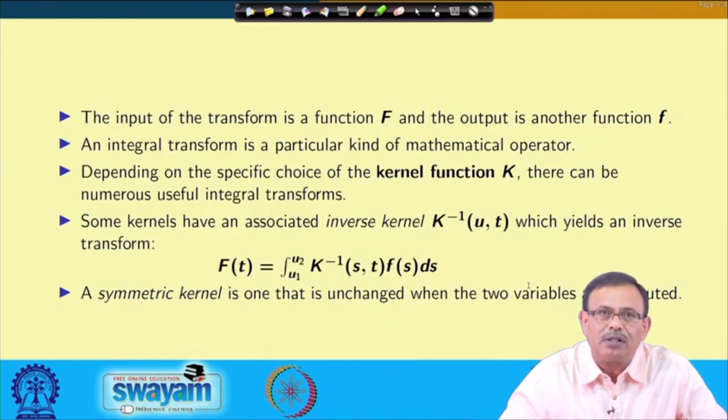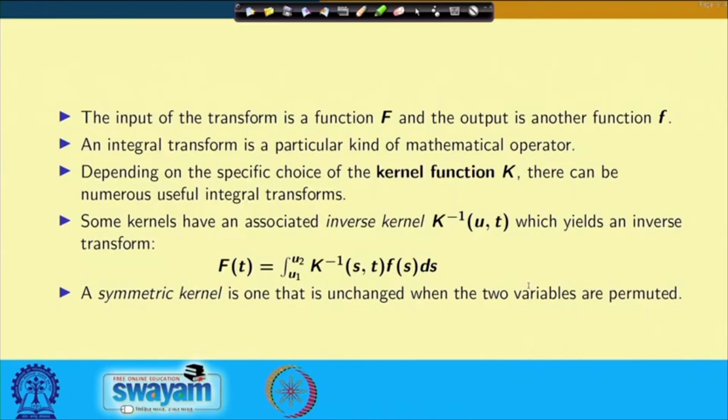The last one is a symmetric kernel, that is unchanged when two variables are permuted. A symmetric kernel, please note, is one where the values remain unchanged if we interchange or permute the variables s and t.